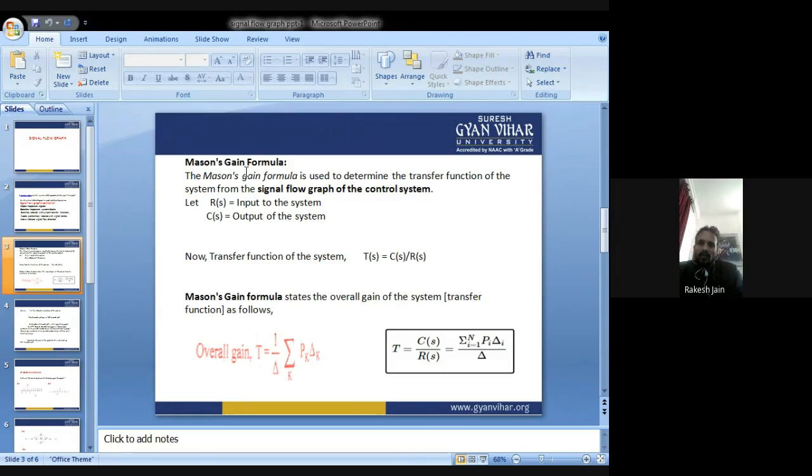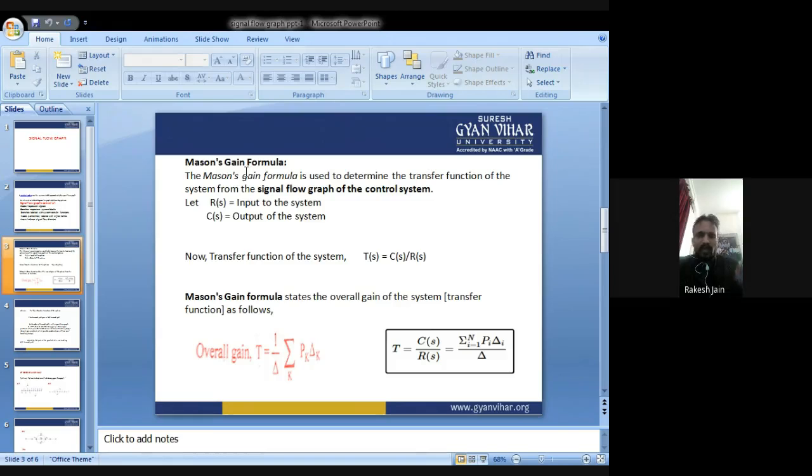Once we find out the number of forward paths, then the formula will be converted into a new formula. For example, if you find only one forward path, then the formula for transfer function is C(s) upon R(s) is equal to T1 delta 1 upon delta only. If there are two forward paths, then the transfer function C(s) upon R(s) is equal to T1 delta 1 plus T2 delta 2 upon delta.